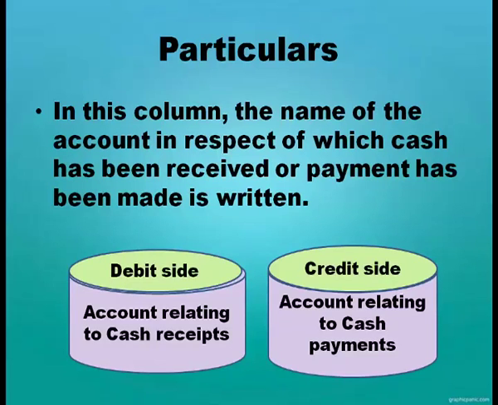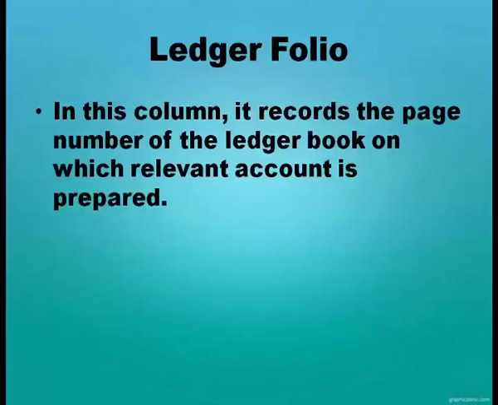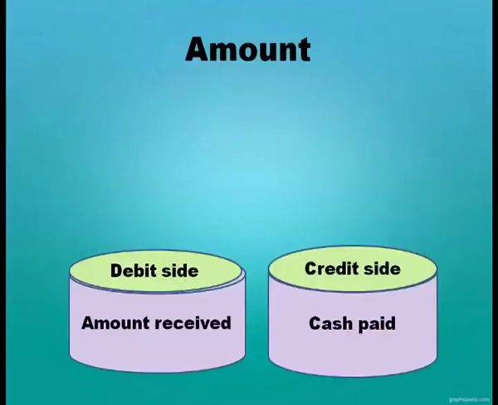Accounts relating to cash payments are recorded on the credit side. Receipt account on the debit side, payment account on the credit side. The ledger folio column records the page number of the ledger book on which the relevant account is prepared. In the amount column, the amount received is written on the debit side and the amount paid is written on the credit side.